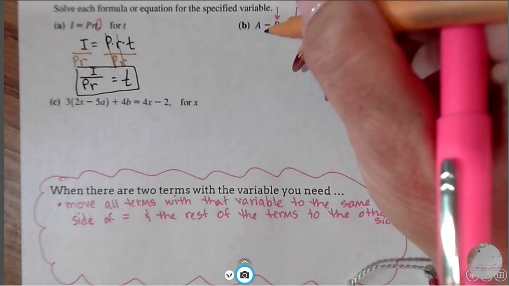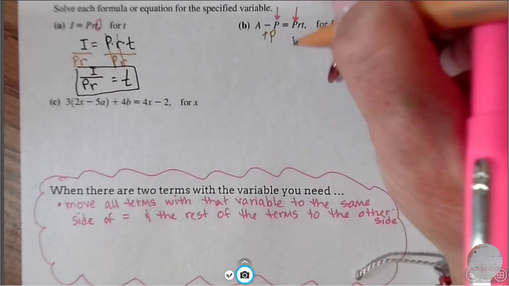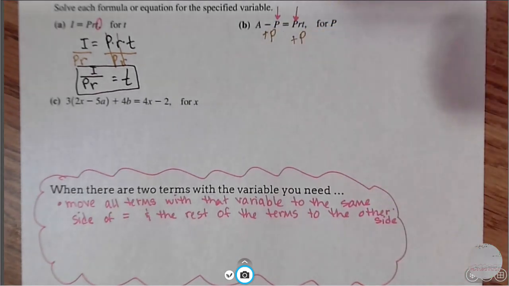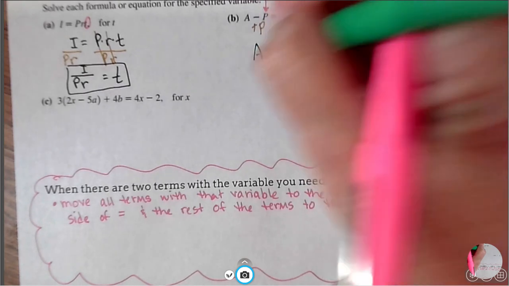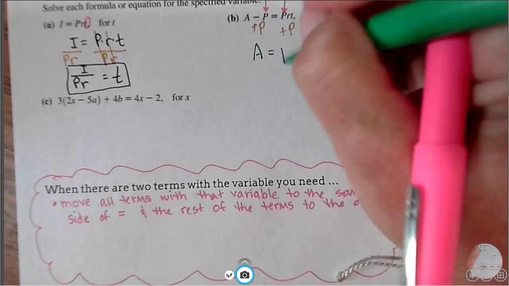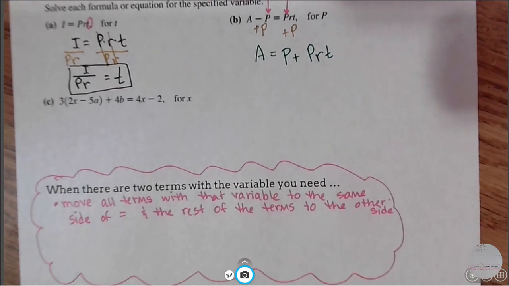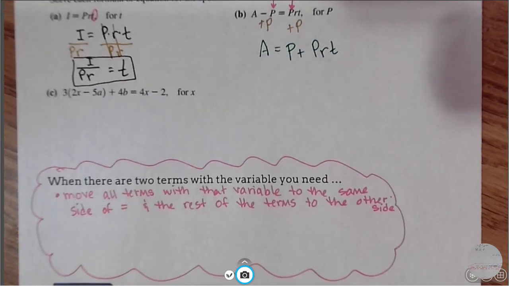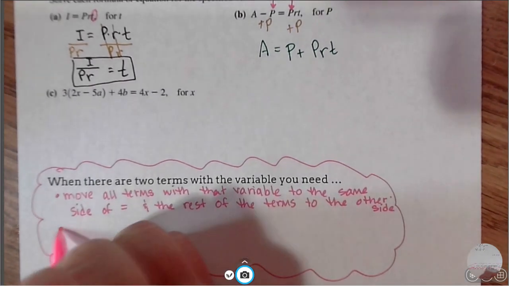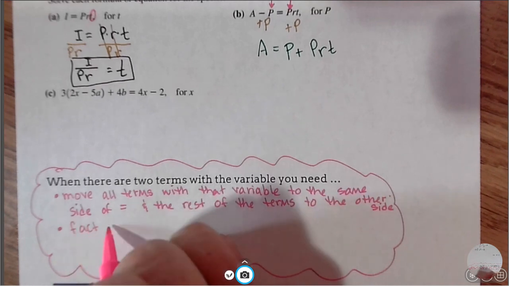So I'm going to go ahead and add p to both sides so that my variable p is positive, and I'm going to have a equals p plus prt. Then the next thing I'm going to do is factor out the variable.